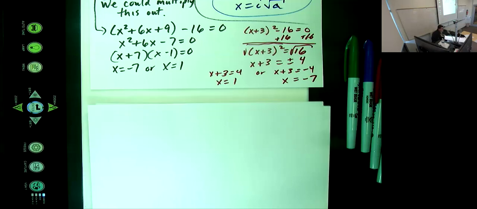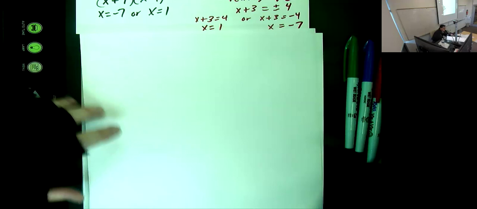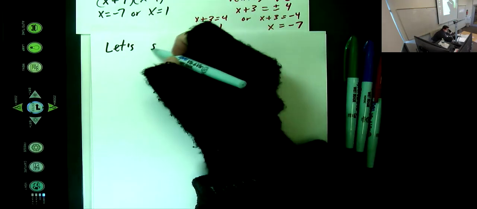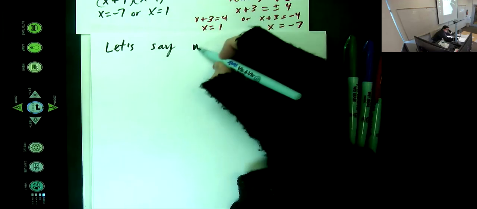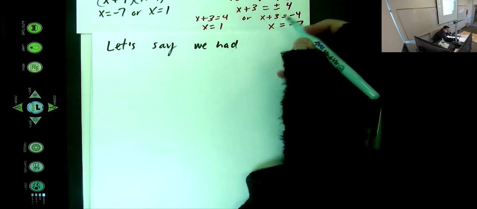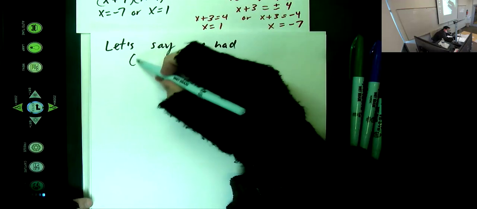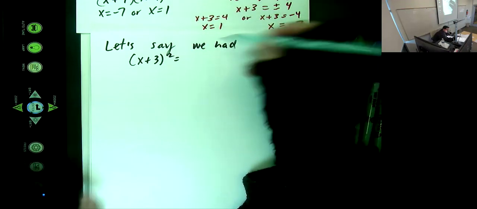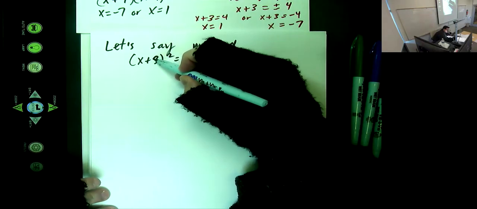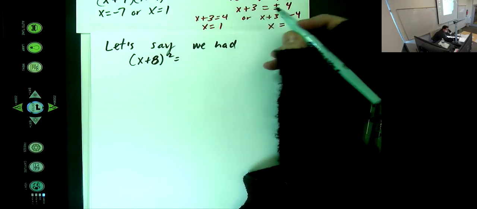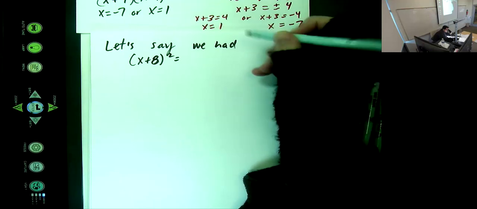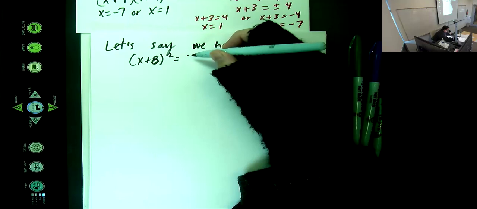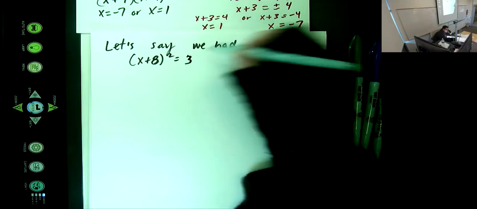So let's say we had, let's go with x plus 8 squared equals 3.